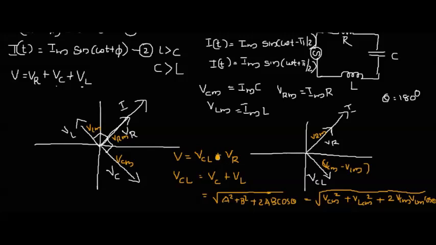And when we do the vector addition of these two, I will get the resultant voltage phasor. Now this is the way we will find the resultant of the voltage phasor across the resistor and the resultant VCL. Anyway, I will show you how we get the resultant value.